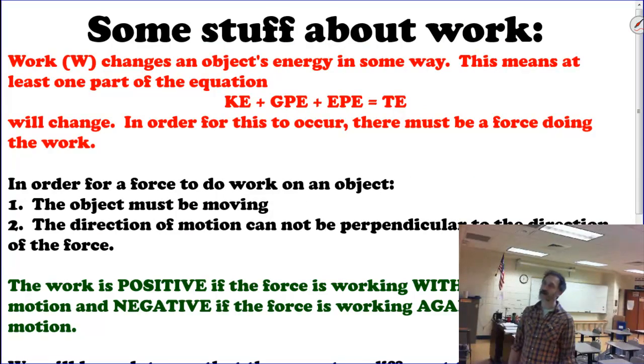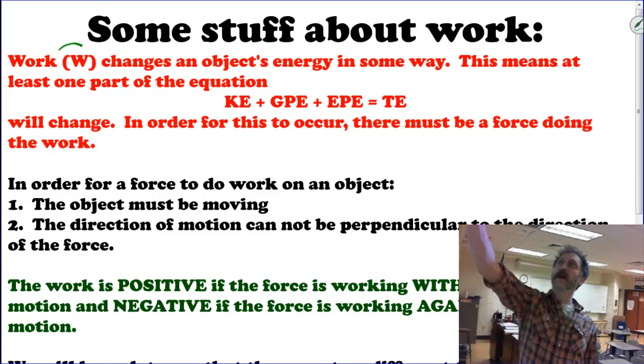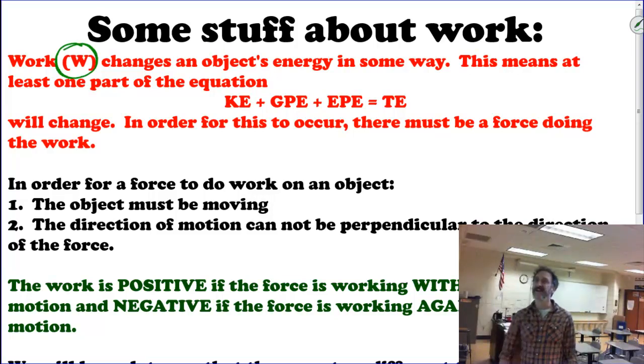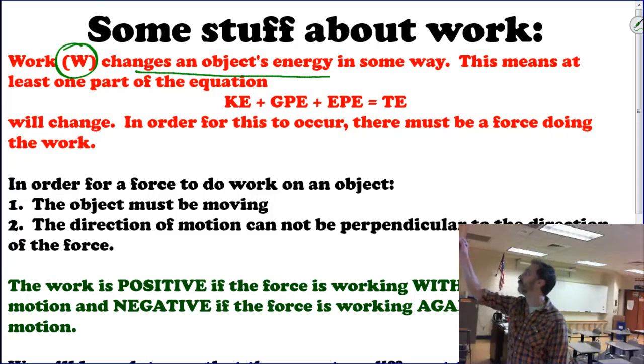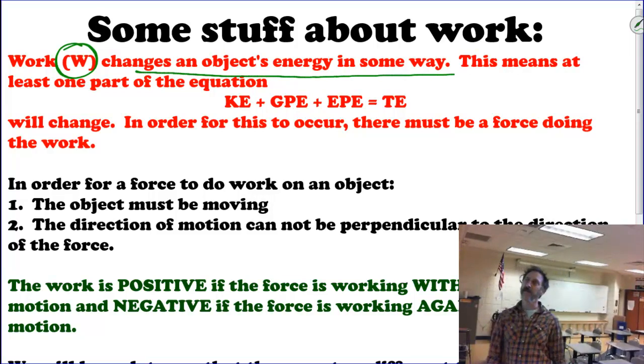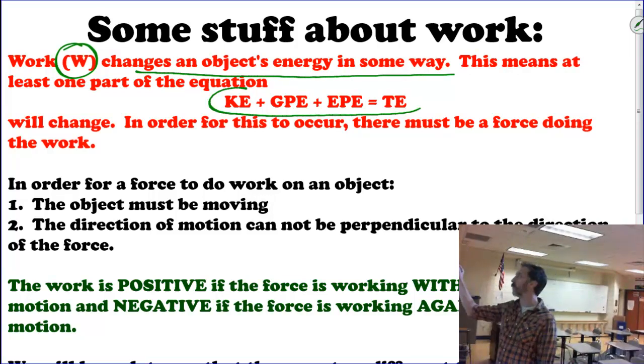Okay, so some stuff about work. First of all, the symbol for work is a capital letter W, all right? And when we talk about work, we're talking about a change in an object's energy. Anytime you do work on an object, you change an object's energy in some way. So what that means is that at least one part of this equation is going to change.